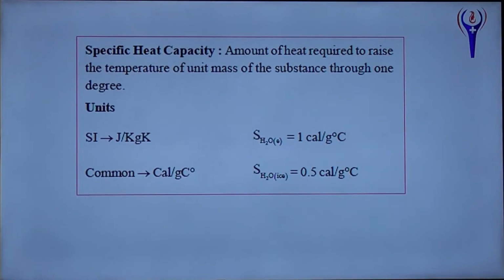And the unit is joule per kilogram per Kelvin. And the specific heat capacity of water is 1 calorie per gram per degree Celsius. That is the commonly used value, calorie per gram per degree Celsius. And the specific heat capacity of ice is 0.5 calorie per gram per degree Celsius.